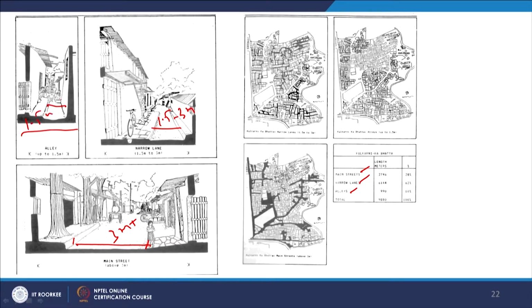If you look at the mapping, you have these segments of main streets, narrow lanes, and small alleyways here and there. You calculate the percentage of these, and that is how one can understand these places.